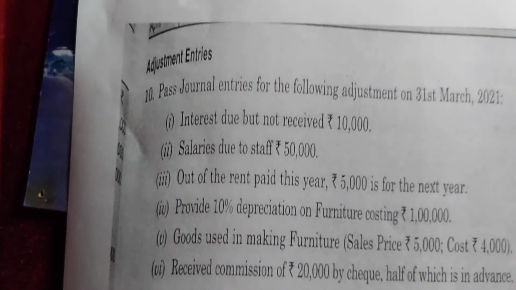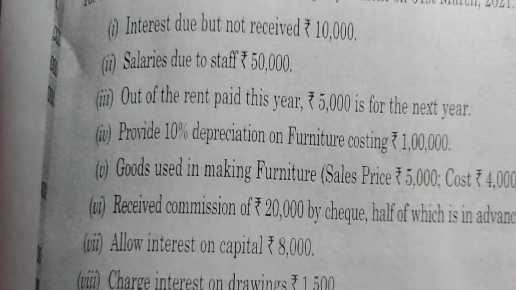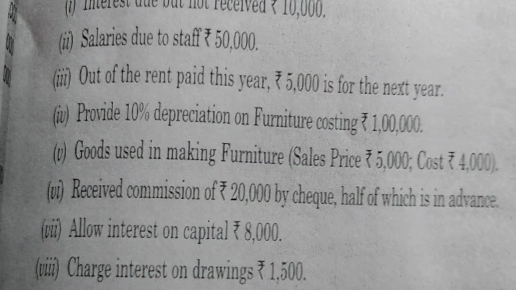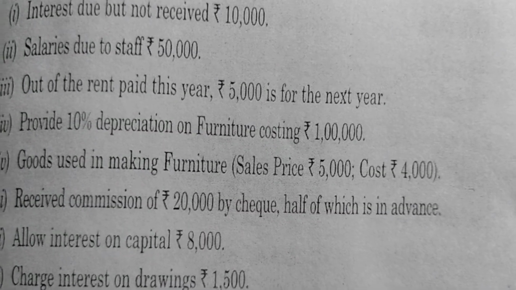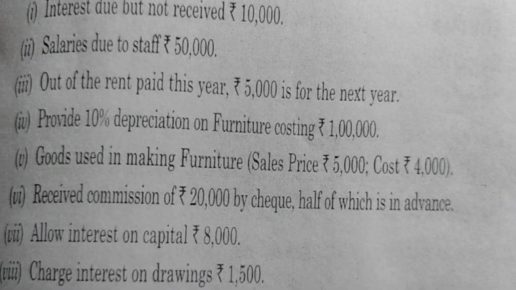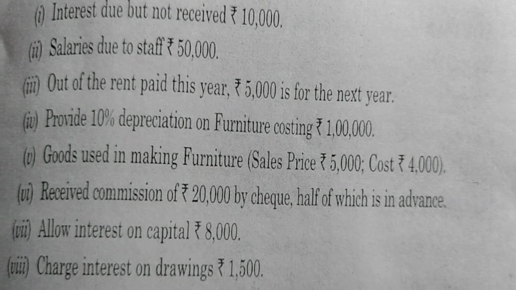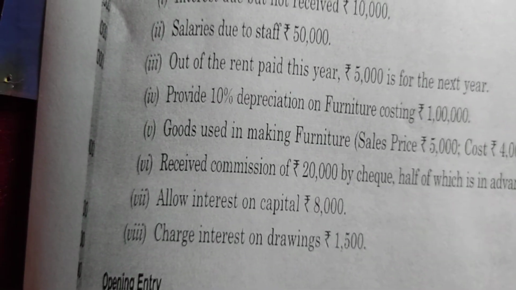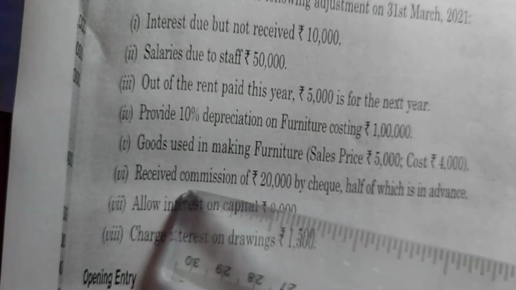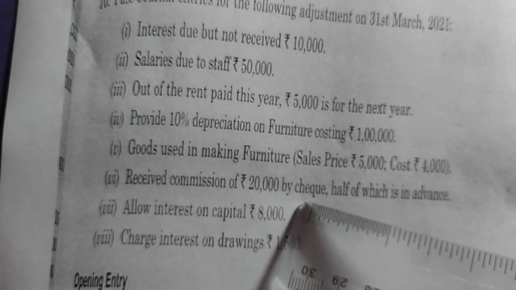Now let's see the next question here. It is given: received commission rupees 20,000 by cheque, half of which is received in advance. Here two transactions are there. Received commission rupees 20,000 by cheque.